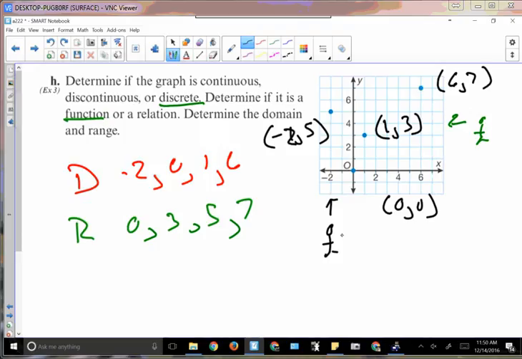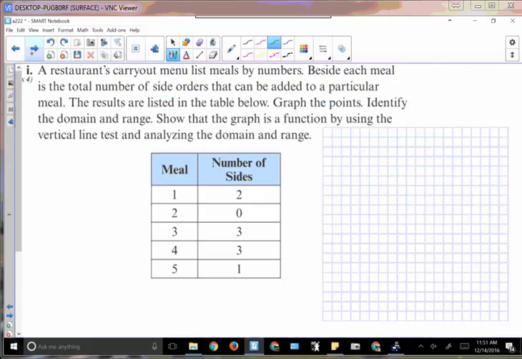So, if I take a look at this, -2 is here, 0 is here, 1 is here, 6 is there. It's all our domains. Our ranges: I've got a 5, which is right there. I got a 3, which is right there. I got a 0, which is right there. And I got a 7. So that's where they come from. Domains are your x's, ranges are your y's. So, we're going to call it quits there.